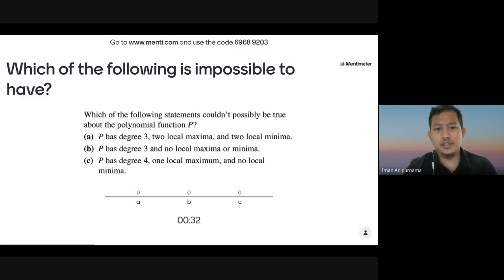Okay, read carefully. I put 30 seconds for these questions. I hope that's enough. I think it's too short, right? But I hope enough.